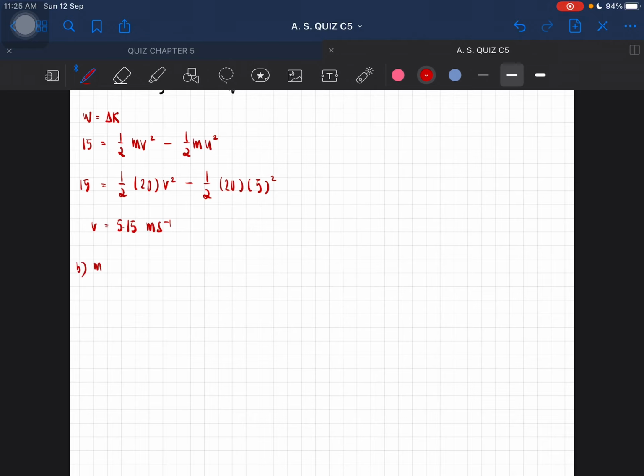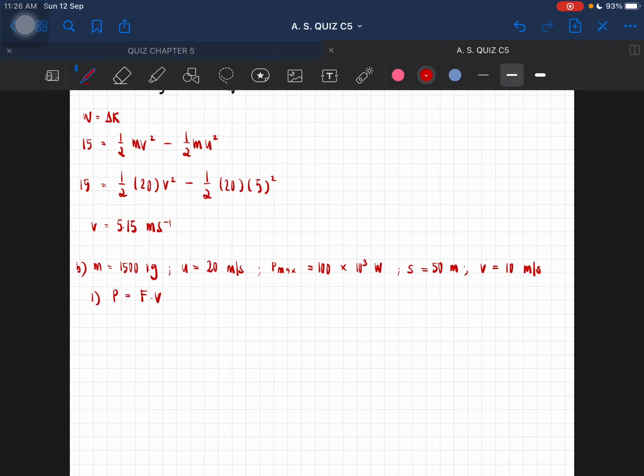Question B, we have the mass, which is 1500 kilogram, and then we have the velocity 20 meter per second, and then maximum power, which is equal to 100 kilowatt. The displacement 50 meter, and then the velocity 10 meter per second. So for this question we can actually use the formula P equal to FV.